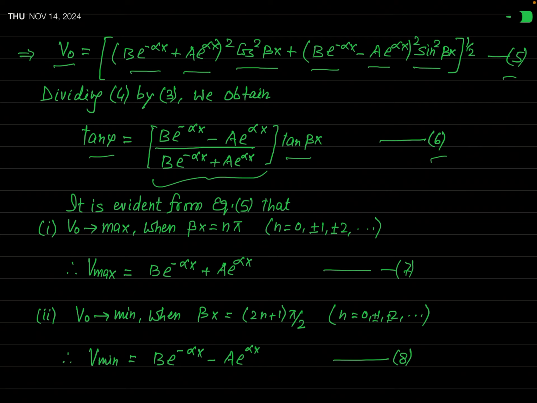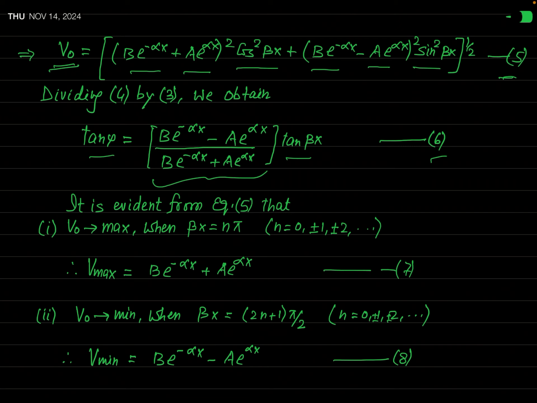Now, see this equation 5 seriously. From this equation, some important facts are very clear, and we will discuss each and every important fact hidden in this equation 5. Let us see first of all, if your aim is to know the maximum value of V naught, and when V naught is maximum.